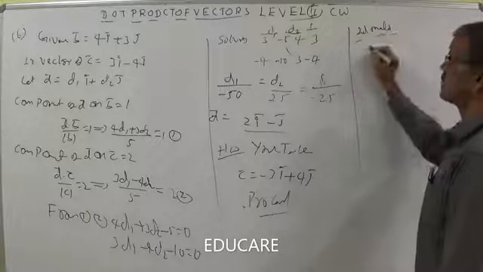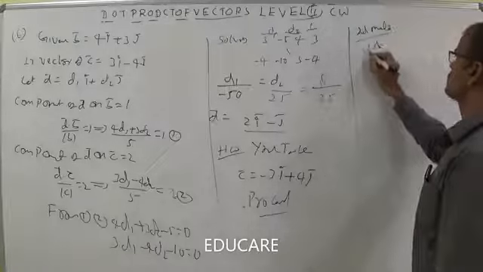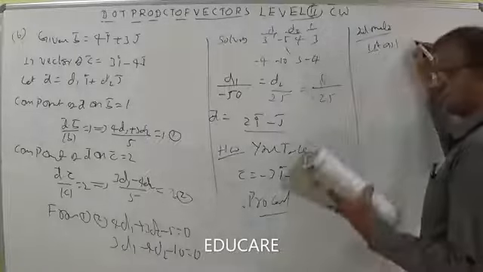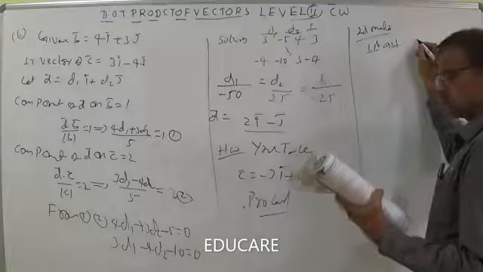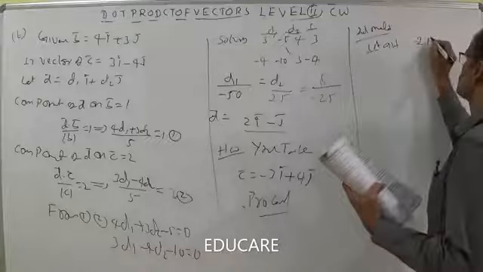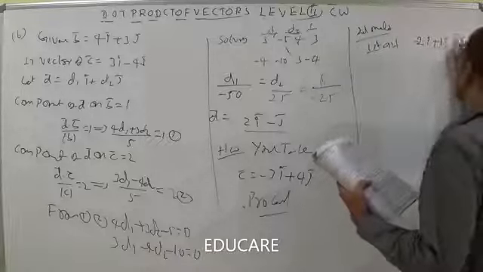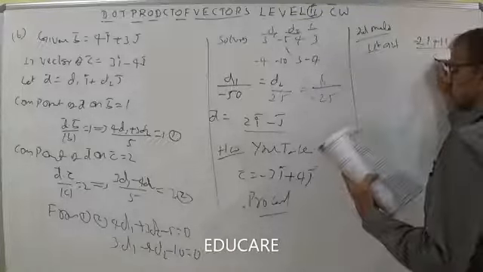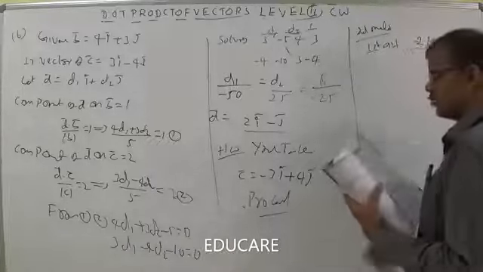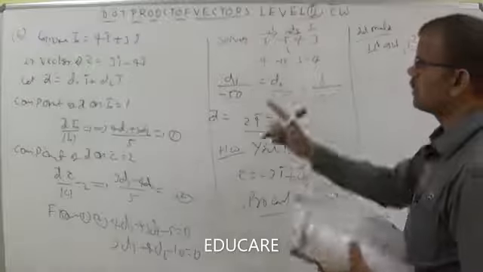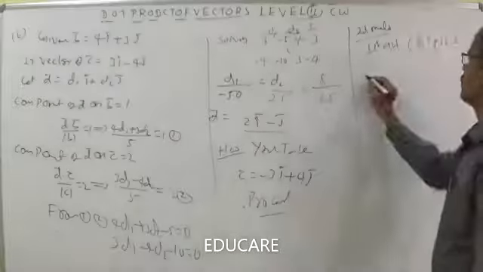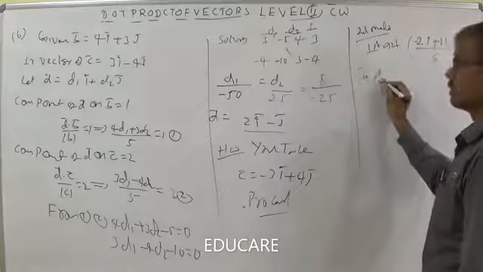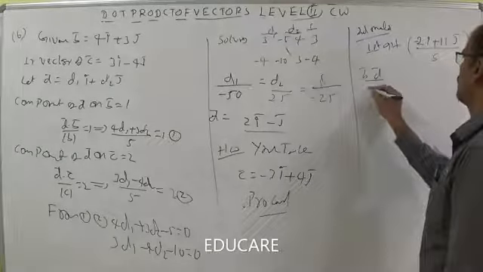Next one, by verification, second method I am writing here. The first option given is minus 2i plus 11j, minus 2i plus 11j by 5. If you multiply by the component, you may get B bar. Now I am verifying B bar dot D bar by mod B bar.